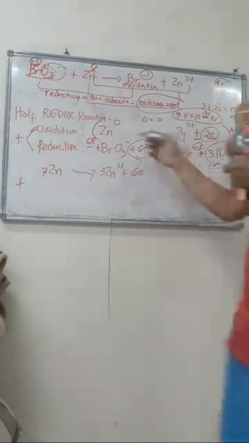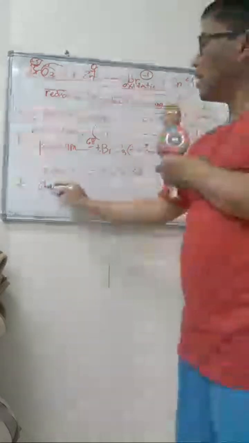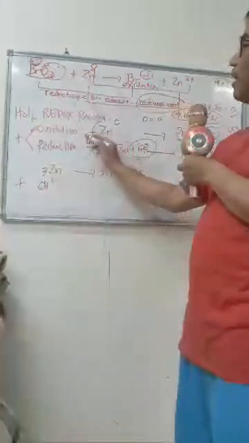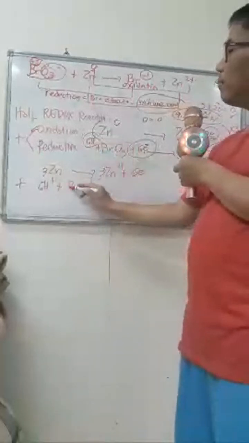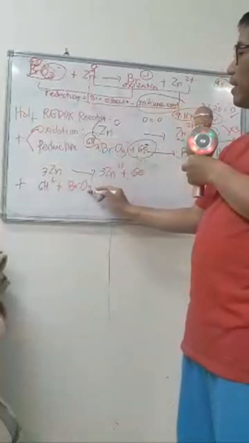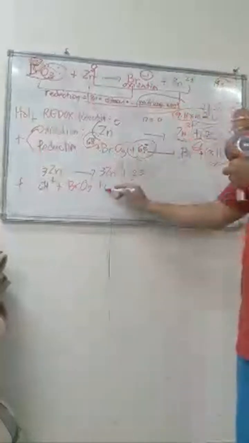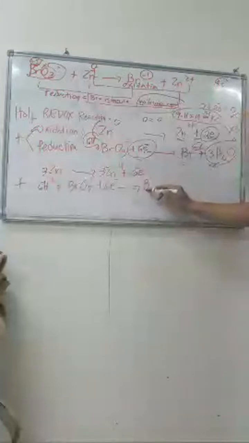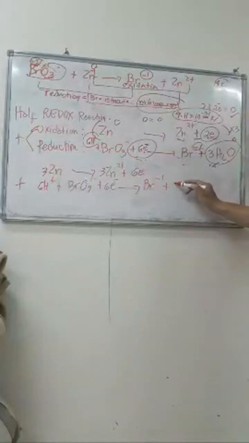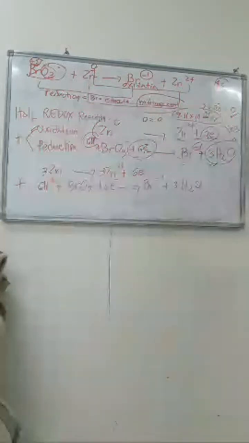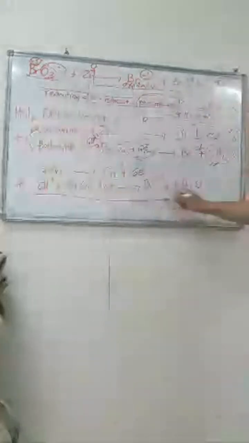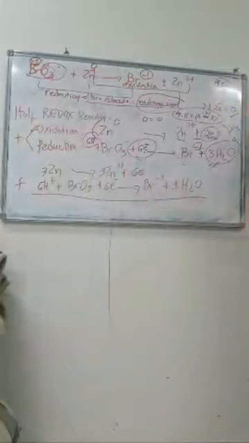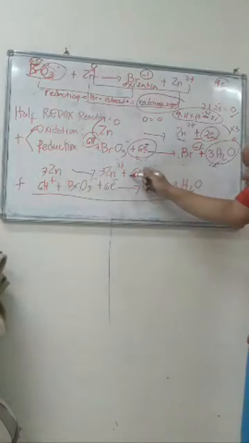So you have to rewrite. So 6H plus, copy everything, plus bromate negative, plus 6 electrons is equal to bromide, plus 3 moles of water. Then add them. By visual inspection, you can see 6 electrons common from oxidation and reduction, so cancel that out.